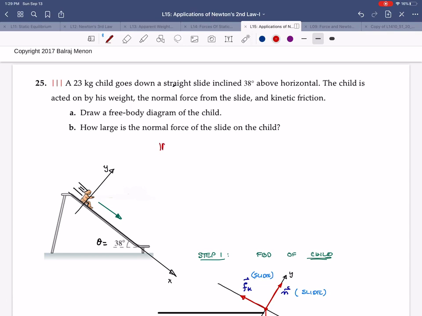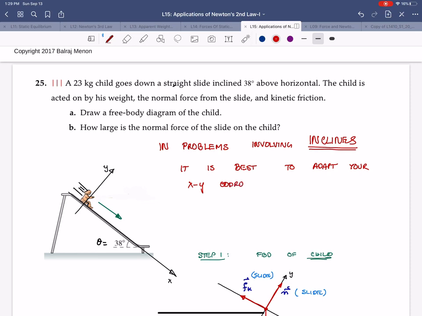In problems involving inclines, and you'll see a lot more of these sorts of problems later on, it is best or convenient to adapt your x-y coordinate system to the inclined surface.